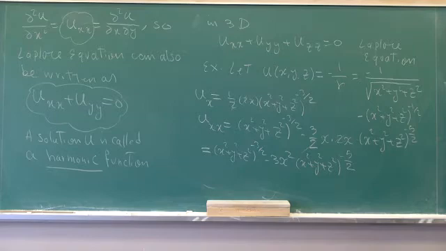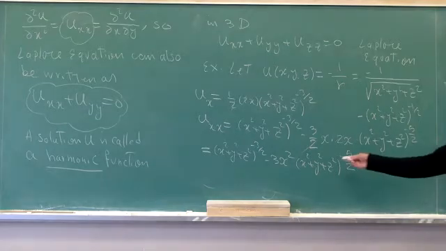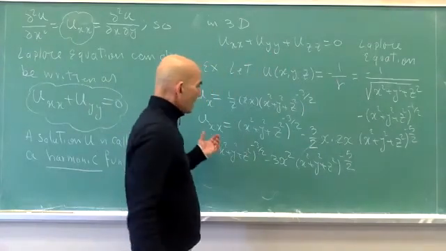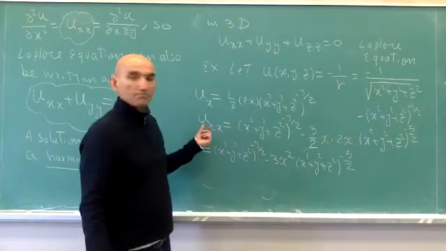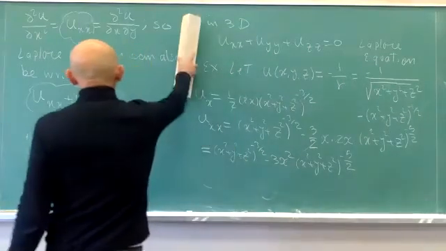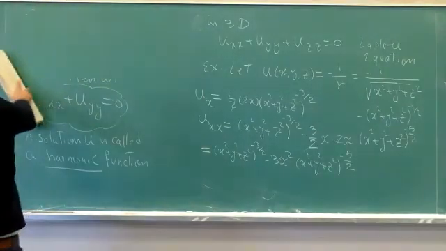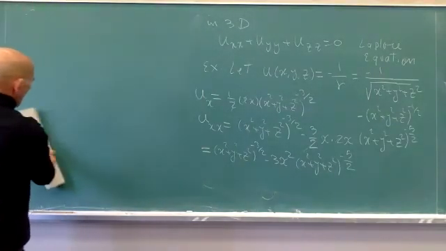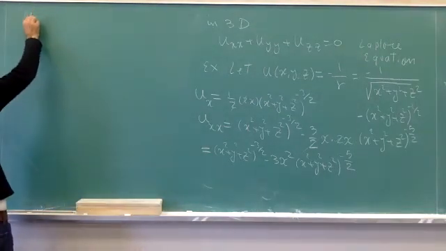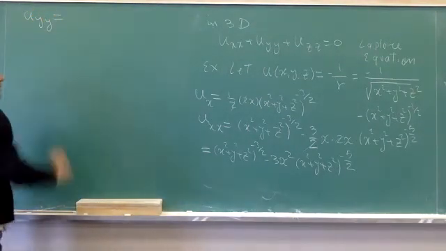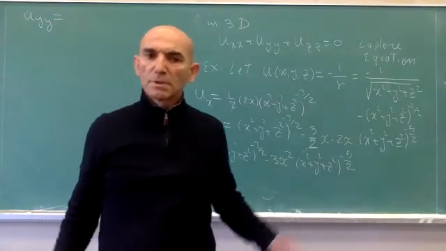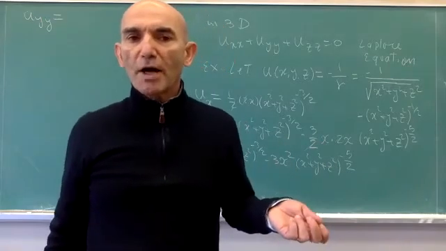Okay, so now what can we say about this? Now I'm going to say, let's compute uyy and uzz. To compute uyy there is a shortcut. You don't have to suffer computing uyy again.